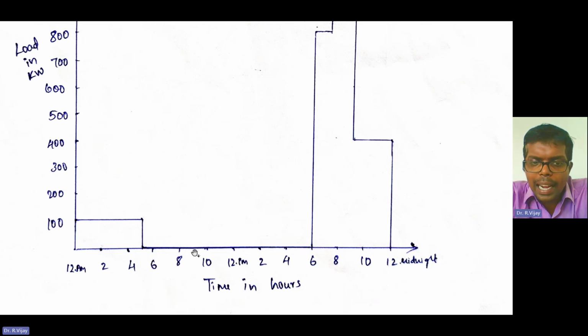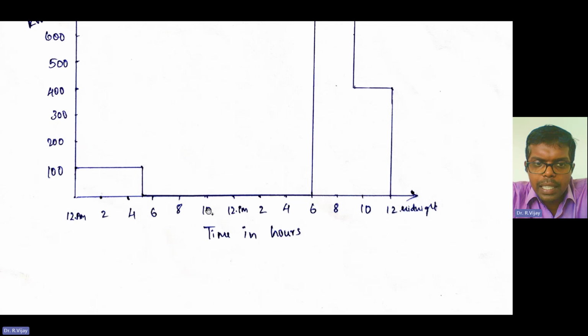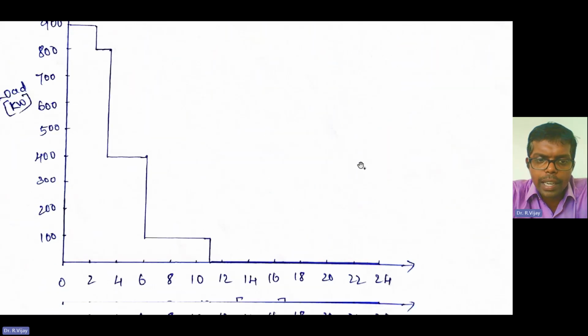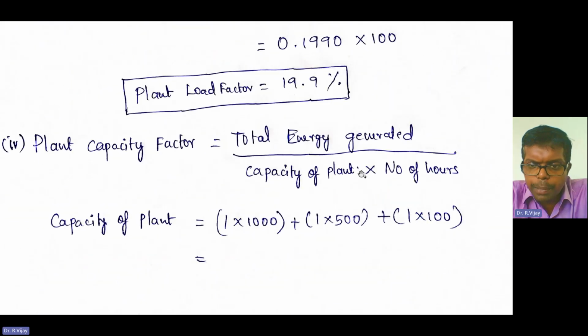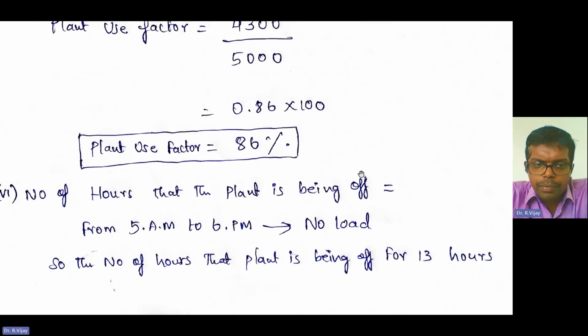So that is the answer. How many hours? 13 hours. Like that you need to write. The number of hours that the plant is off is 13 hours, because 5 a.m. to 6 p.m. that duration is 13 hours. So that you need to write.